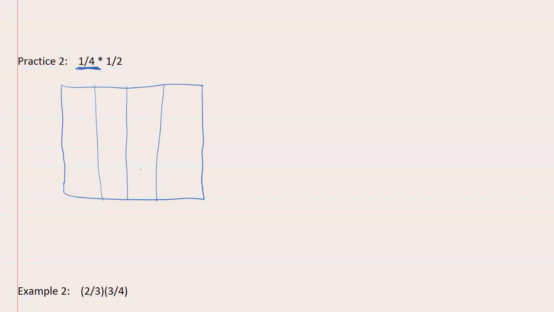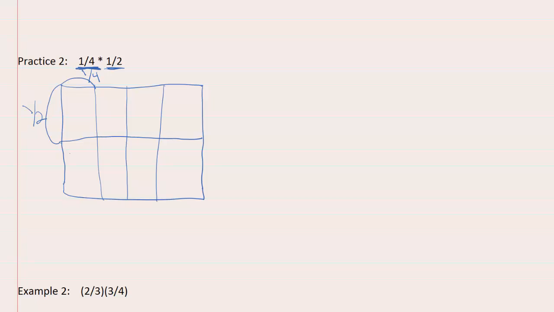Okay, so for this one we're going to make ourselves a really big square so I can see what's happening a little bit better. And so I'll start with 1/4. I'm going to divide this into 4 columns. So now I've got a rectangle right here that is 1/4 wide. Then I want to also make a rectangle that is 1/2 tall. So that's going to be right here, 1/2 tall.